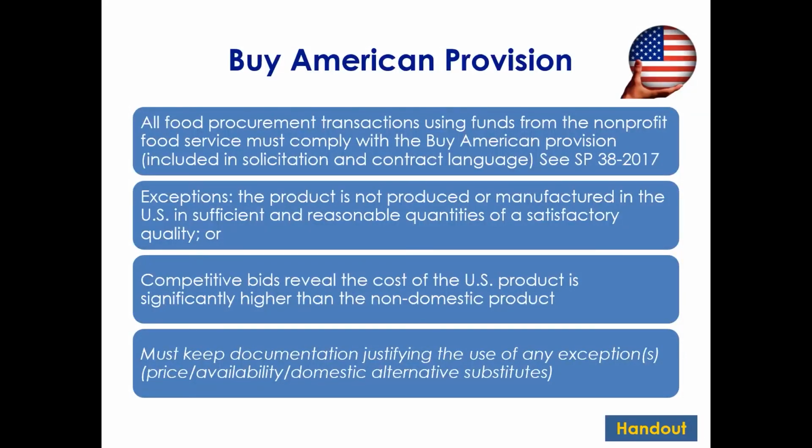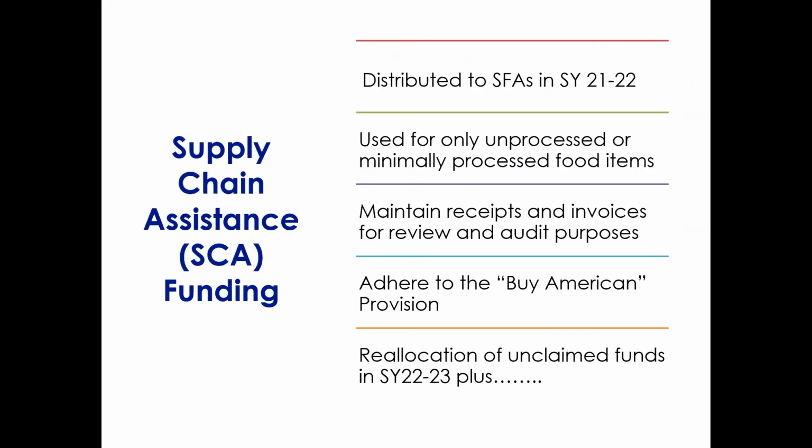Okay, a couple of slides here about supply chain assistance funding, otherwise known as SCA, another acronym. This funding was distributed to SFAs last school year, 21-22, and can be used only for unprocessed or minimally processed food items. I know some of you still have some of those funds that you will be using, because I believe the deadline is somewhat in the future.